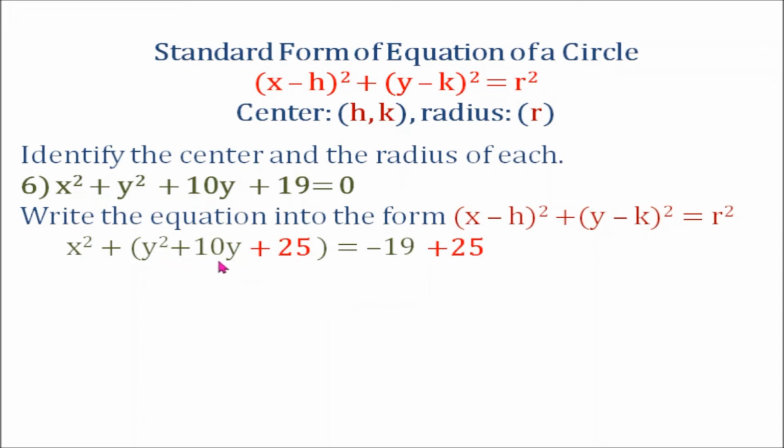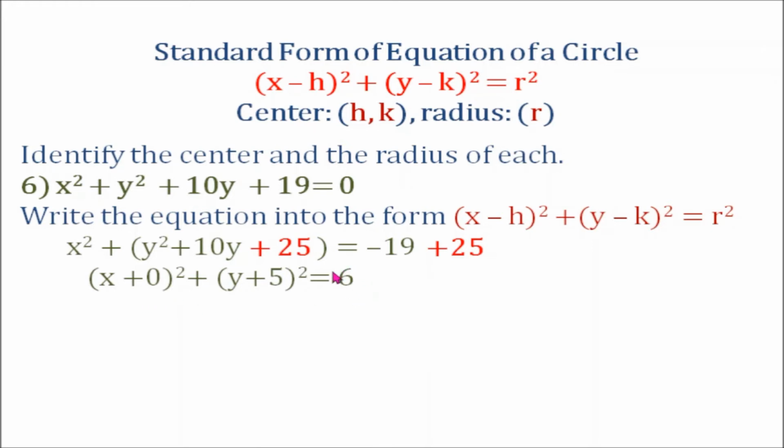Now since y squared plus 10y plus 25 is a perfect square, it can be written as the quantity y plus 5 squared, and x squared can be written also as the quantity x plus 0 squared. And then negative 19 plus 25 is 6. Now we have the center and the radius.